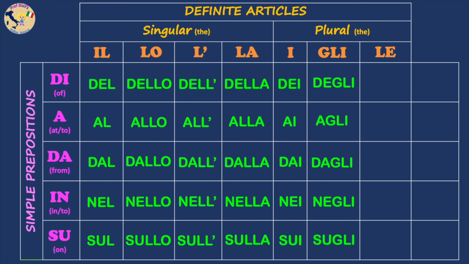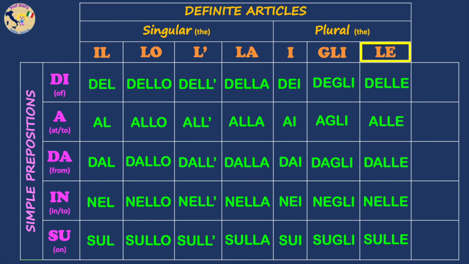And finally, the combined prepositions resulting from the contraction of simple prepositions and article le are delle, alle, dalle, nelle, sulle. In the last column, you can see the English equivalent of each group of Italian combined prepositions.